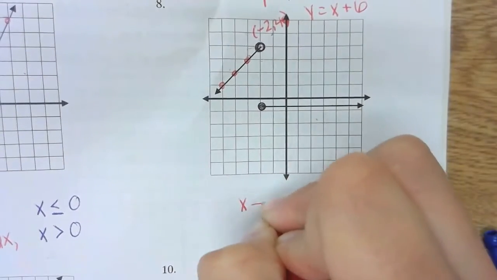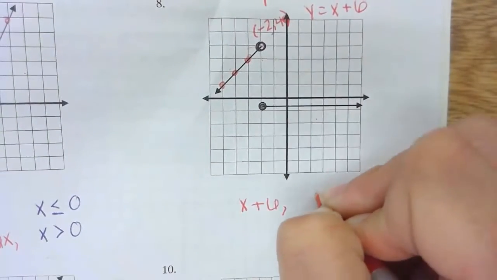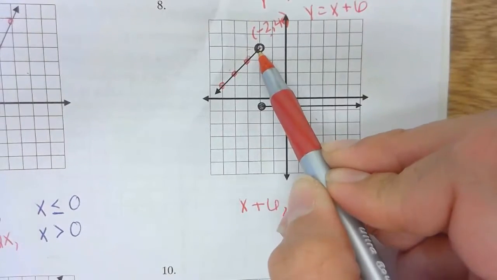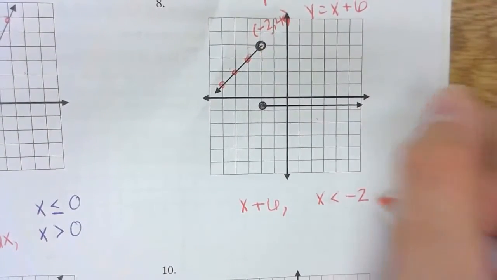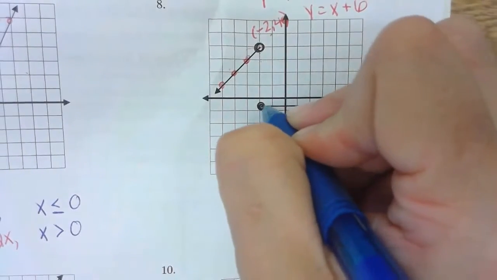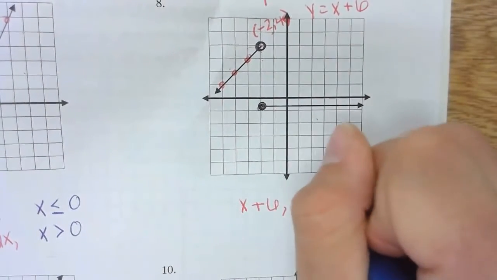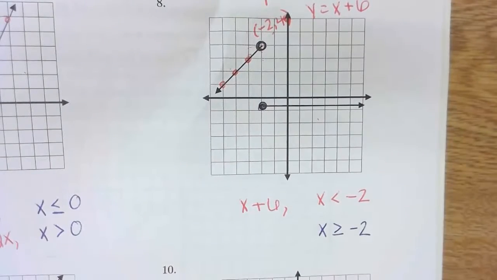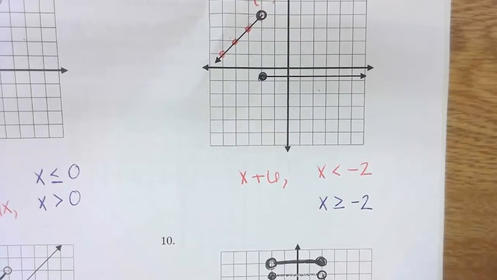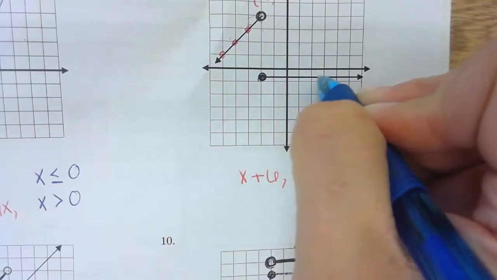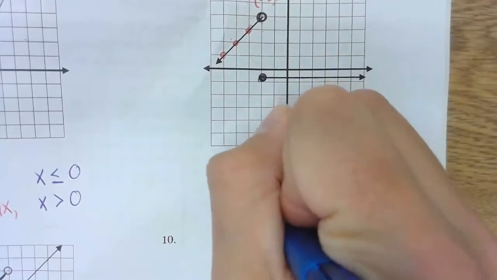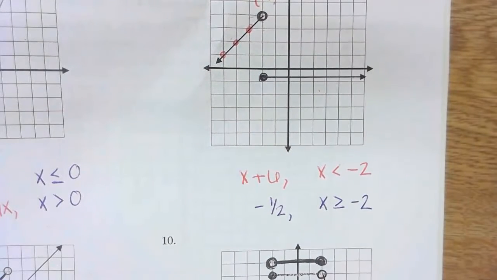So that means that this is x plus 6 for x values less than, it's open, so not equal to, -2. The second part starts at -2 and goes up. So that's x values greater than or equal to -2. And this looks like it's a constant line that is straight and goes through -1/2.